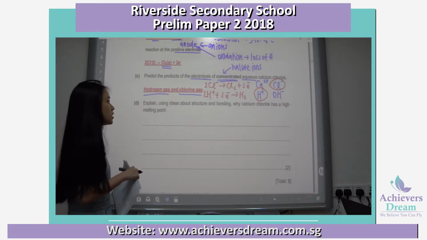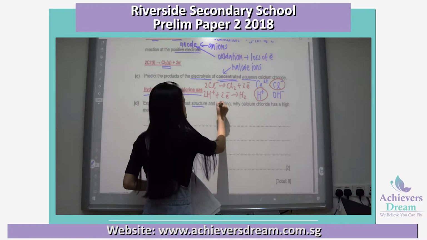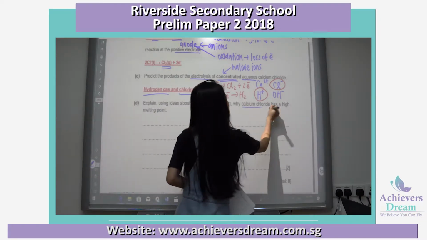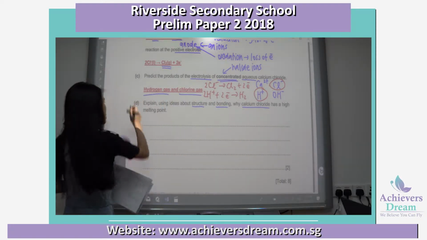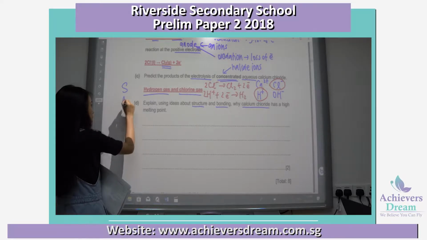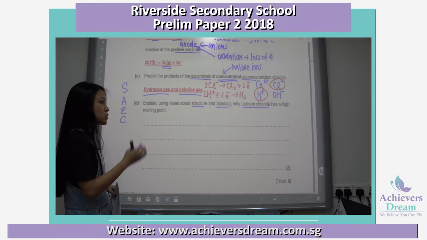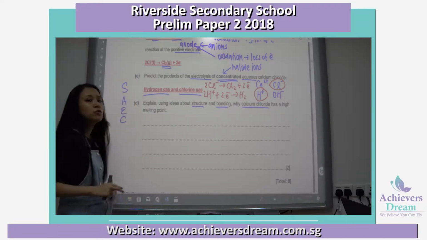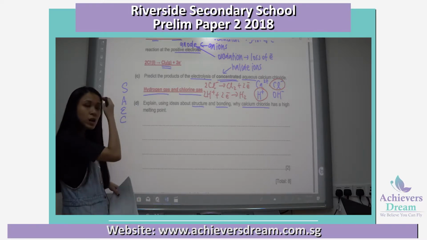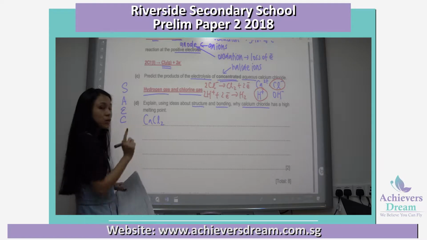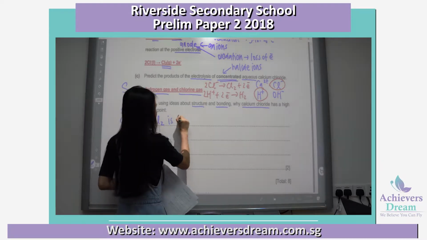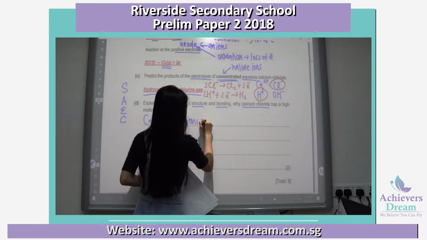Explain using your knowledge on structure and bonding why calcium chloride has a high melting point. So whenever we are doing this kind of question, we must think about SAEC. The very first point, S refers to structure. So what is the structure for calcium chloride? Calcium chloride is made out of a metal and a non-metal, so it is an ionic compound.